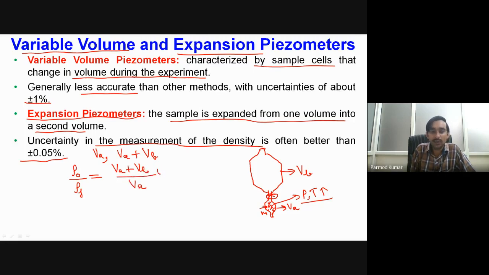Okay, and this ratio is also given by R, and it is sometimes known as the cell ratio. So, the pycnometer cell ratio.